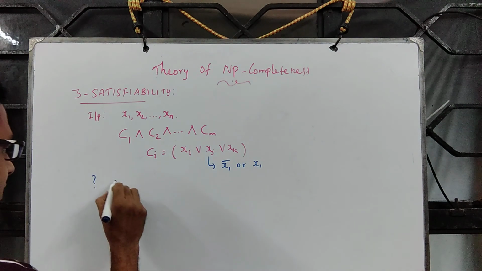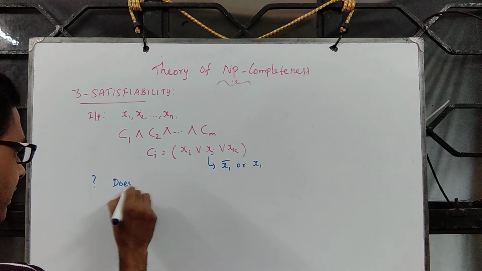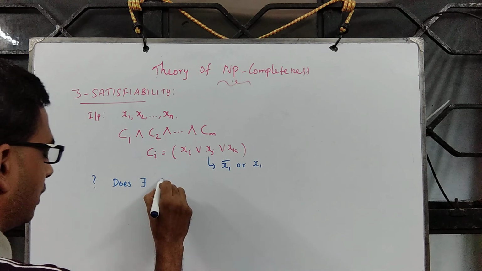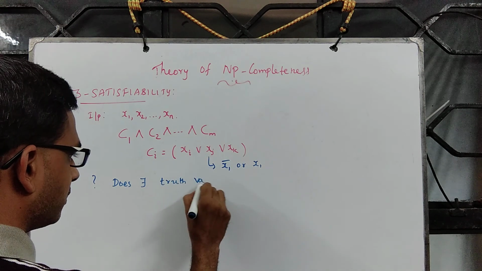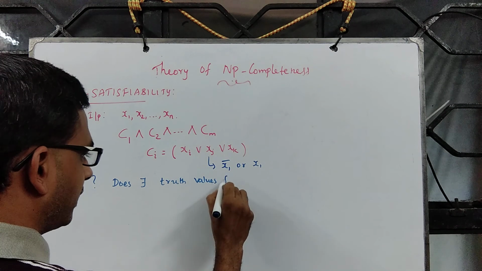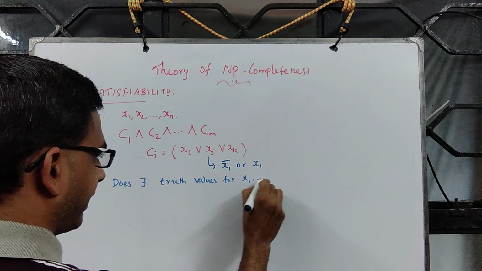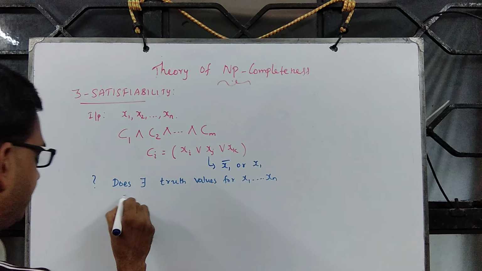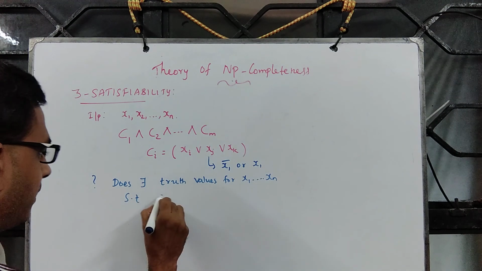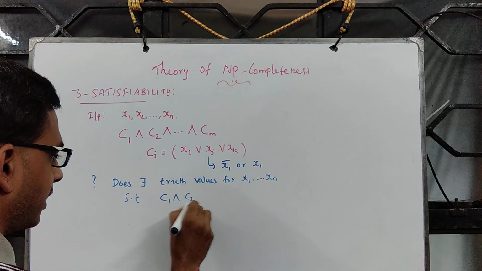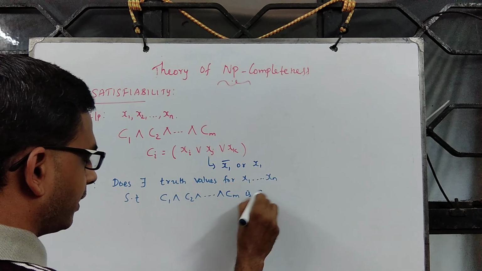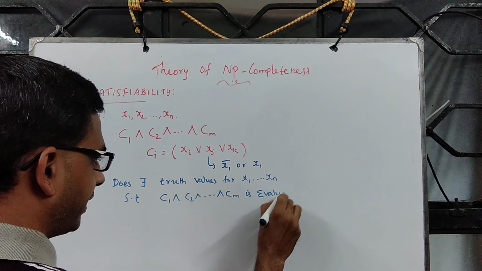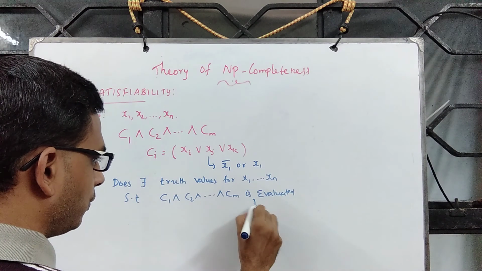Now the question is, does there exist a truth assignment or truth values for x1 to xn such that c1 and c2 and so on up to cm is evaluated to true?